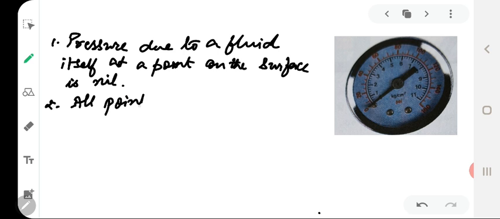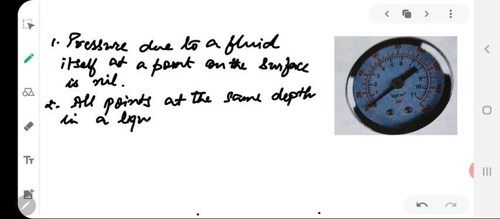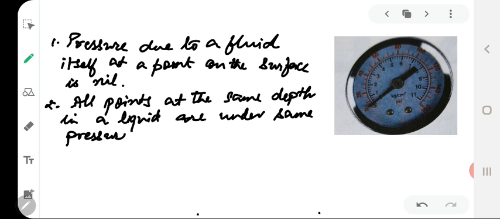All points at the same depth in a liquid are under the same pressure.